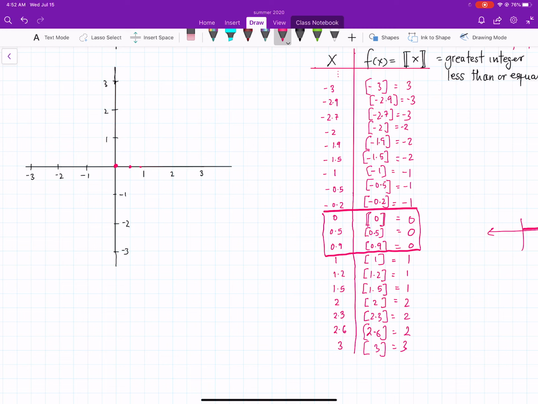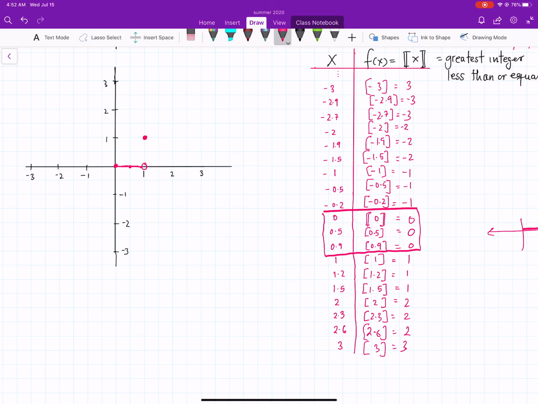But if you look at every single point between 0 and 0.9, we are all on this line here until it reaches 1. And when it reaches 1, it looks like the function now is at 1, 1. So that means what happened over here, we're going to put an open circle right there.